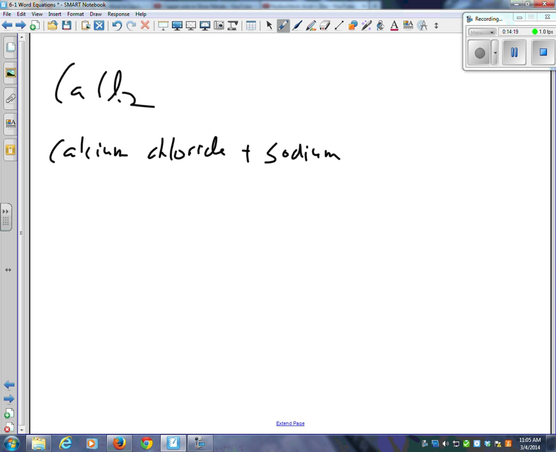So we're talking here about SO4, at the bottom there. SO4 is known as what? Sulfate. SO4 is known as sulfate. So it's sodium sulfate.